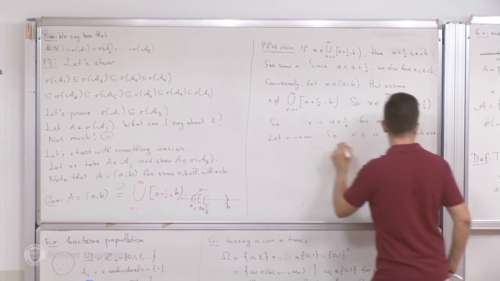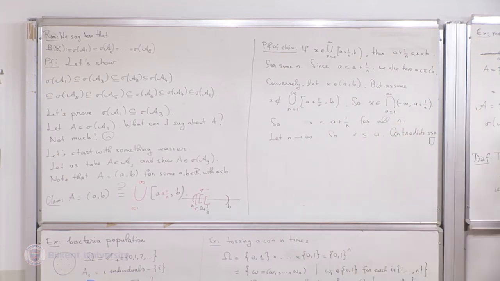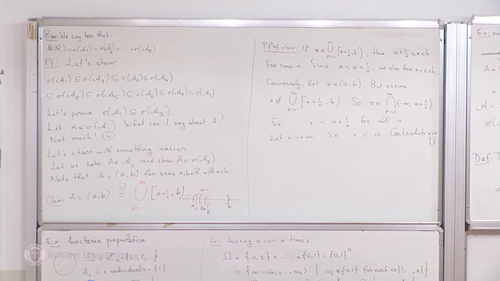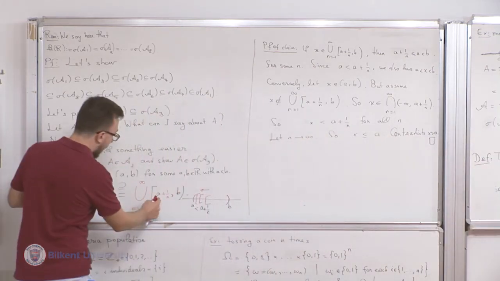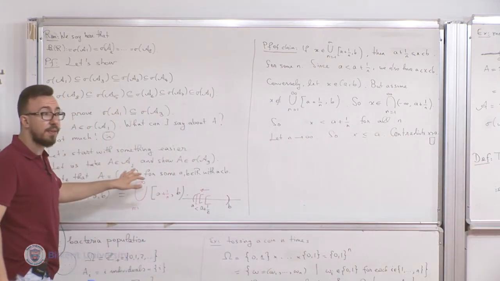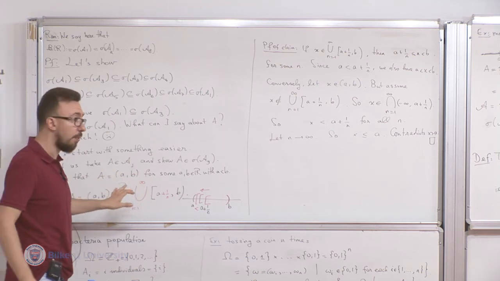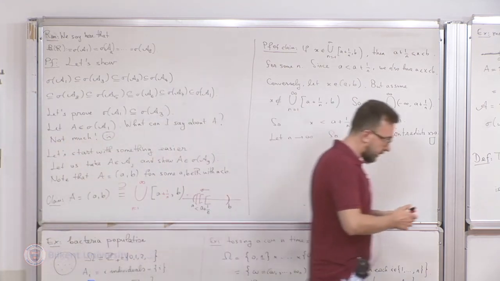Okay, so the proof of the claim is done. Now we're more convinced, hopefully. This is a little exercise that you should also do yourself and convince yourself that this is really the case. Try with other things. Try intersections. Try the intersection with A minus 1 over n and see why it fails. Just do it at home. It's an important exercise.